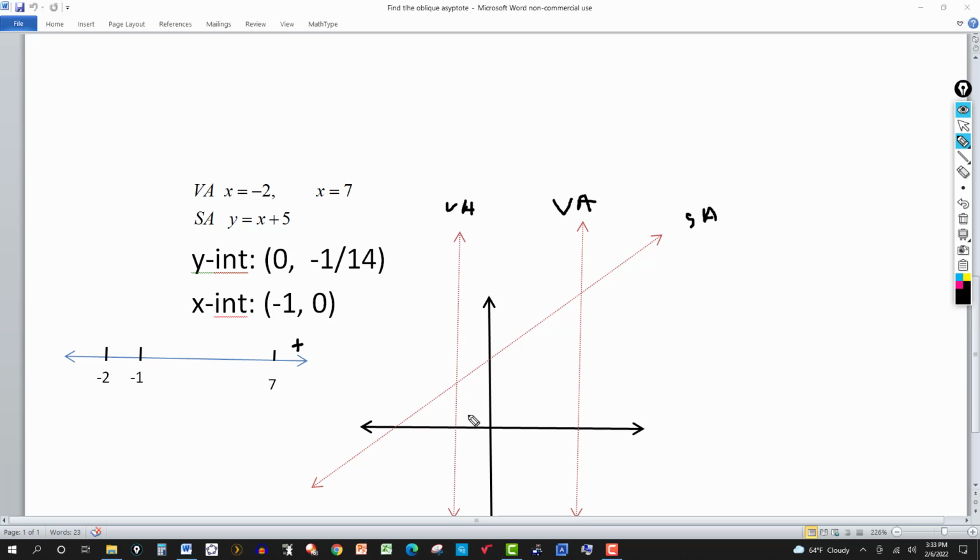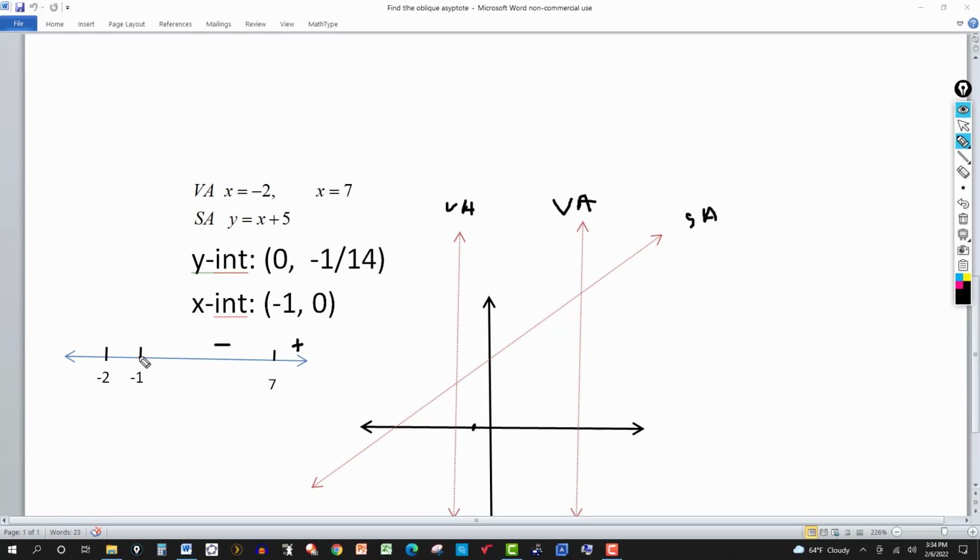And what value do we get? So negative 1 would be there. Negative 1, 0 corresponds to your x-intercept. So in here, it's a negative. Plug it into your function. Then pick a number between negative 1 and negative 2, say negative 1.5.